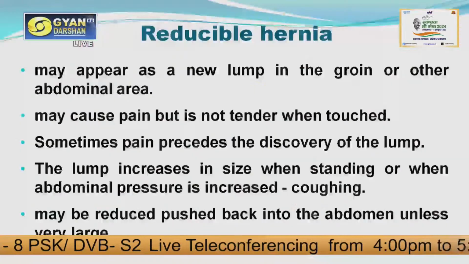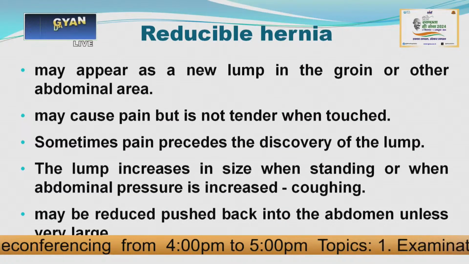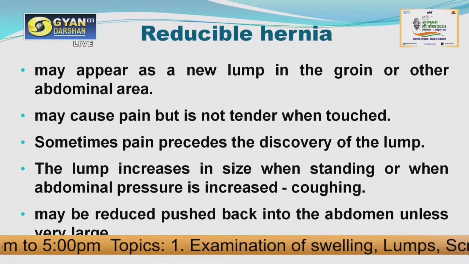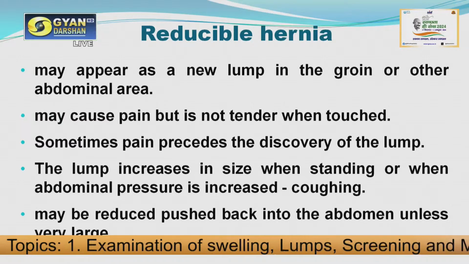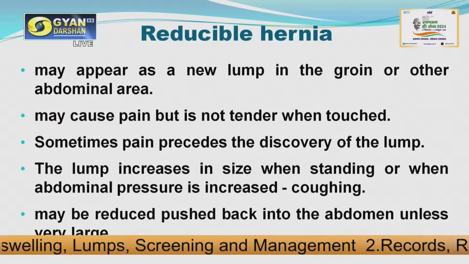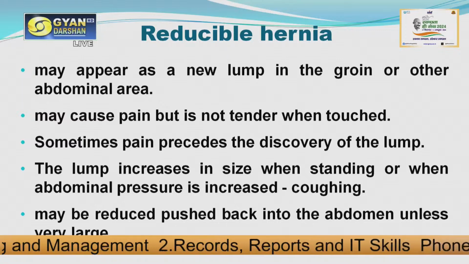A reducible hernia is the hernia which may appear as a new lump in the groin or other abdominal area, and they may cause pain, but it is not tender when touched. So it can have pain, but when you are doing the palpation, it may not be tender.